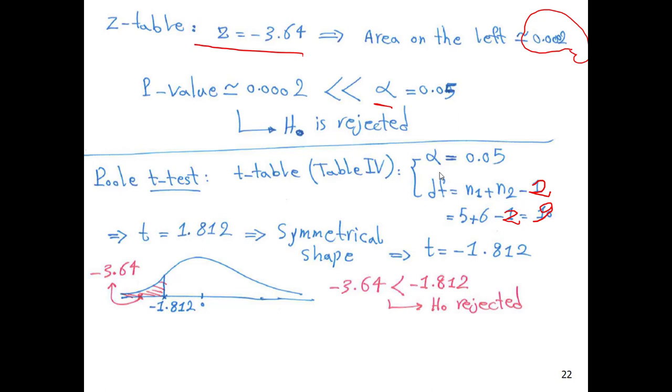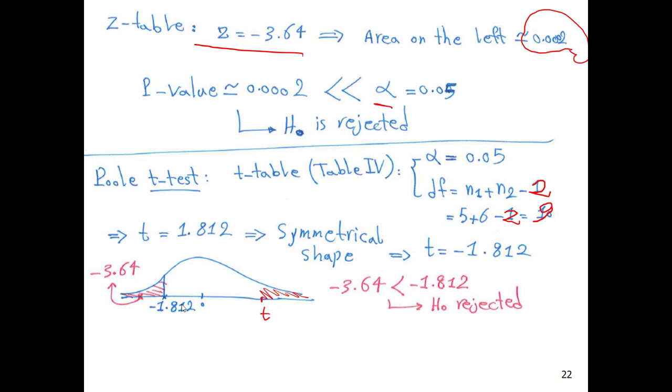For the alpha here, we have the alpha and we have the degree of freedom. We can go find the t on the right side, because the table that we have for the t gives us the area on the right. So we find that t, and since this curve is symmetric, we just multiply that t by a negative sign and we find the t that we need to use for our calculation.